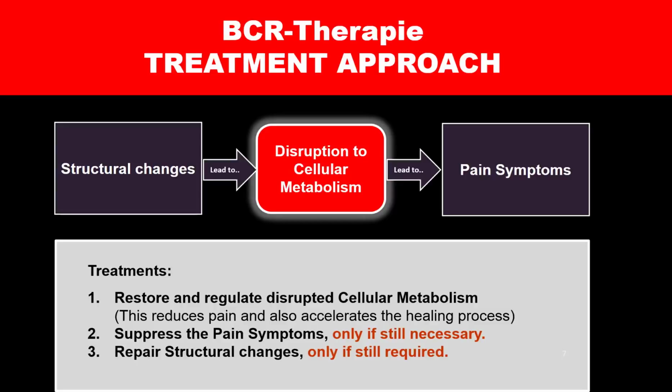So it actually reduces the need for pain medication to some extent. Number 3, repair the structural changes only if still required. Remember, the body is designed to do repair work continuously. So once you restore the metabolism, repair work starts immediately.